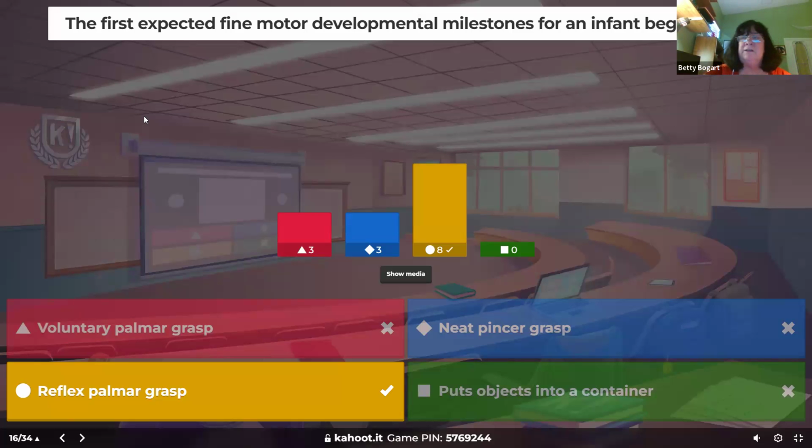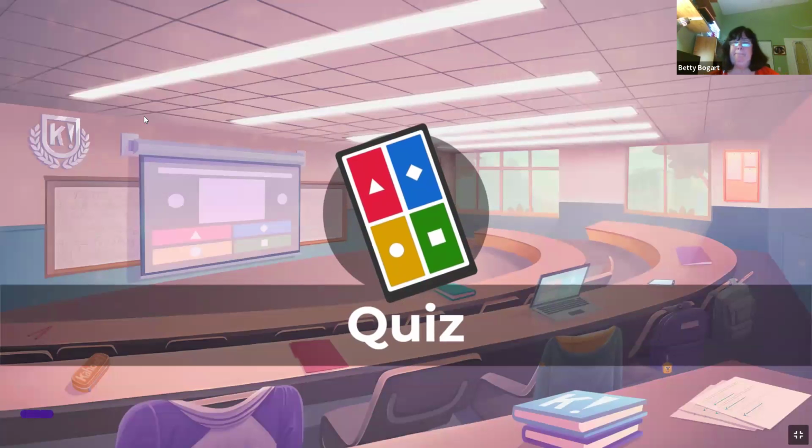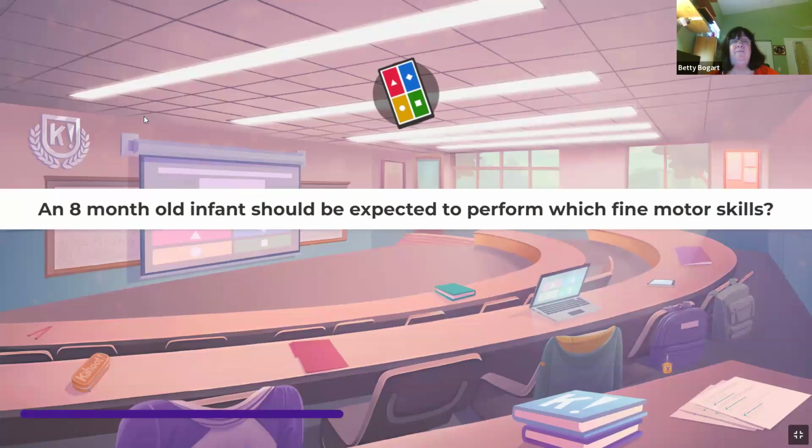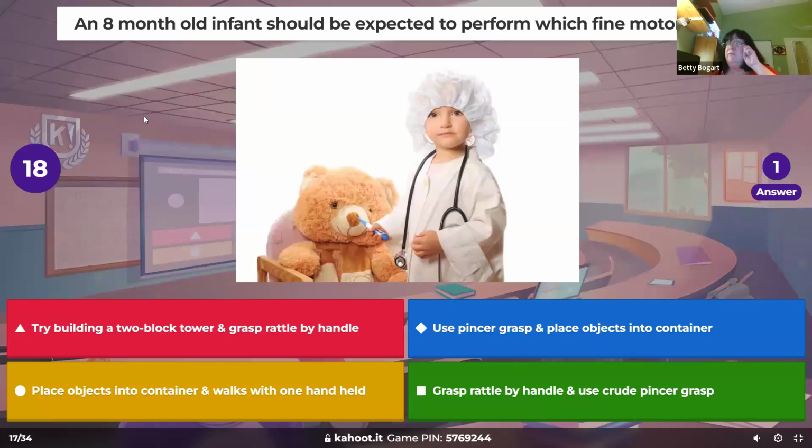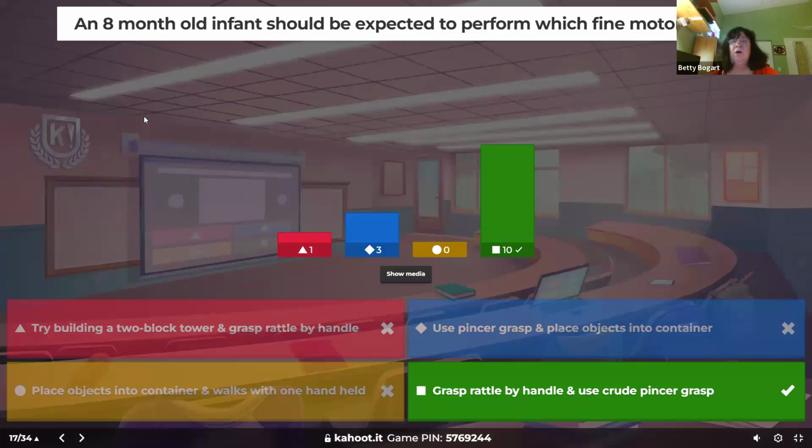Then it goes to voluntary. At 8 months old, an infant should be expected to perform which fine motor skills? Again, fingers, what do you think? So they should be able to grasp that rattle, and then they're in that crude pincer grasp. Excellent, very good.